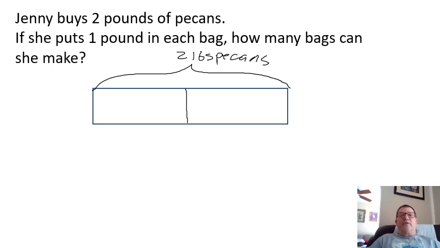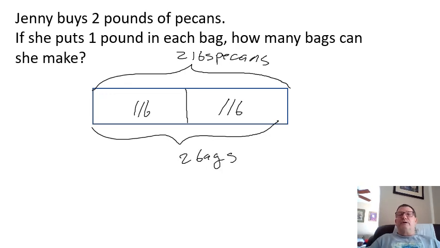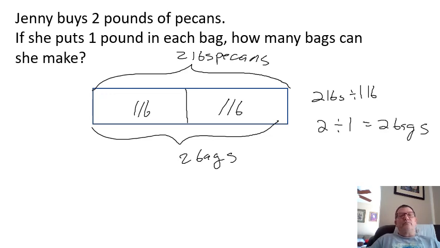Because this is 1 pound, and this is another pound. And I can see that if I put 1 pound in each bag, we're going to have 2 bags. So 2 pounds divided by 1 pound in each bag, so basically 2 divided by 1 equals 2 bags. Pretty easy so far.